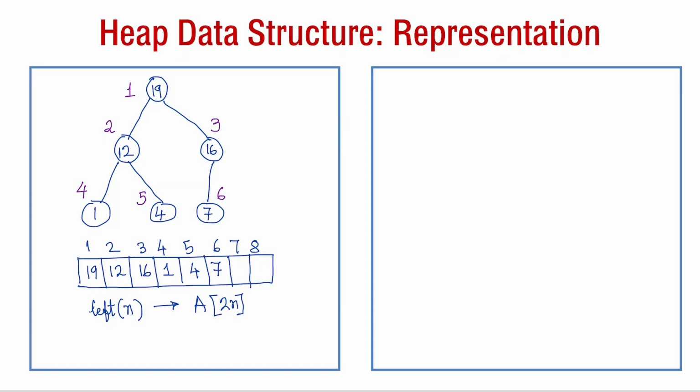So there is also a size of the heap, and the right child of any node at location n is obtained as A of 2n plus 1.